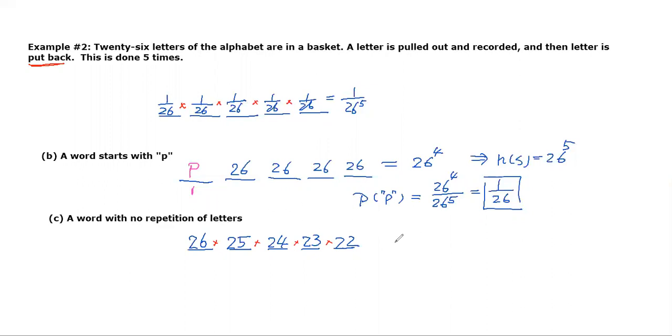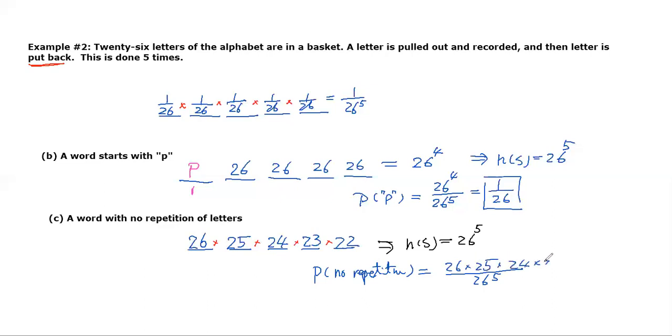So the total answers here, your sample space still is how many? 26 to the fifth power, right? So the final answer for no repetitions will be 26 times 25 times 24 times 23 times 22 over 26 to the fifth power.